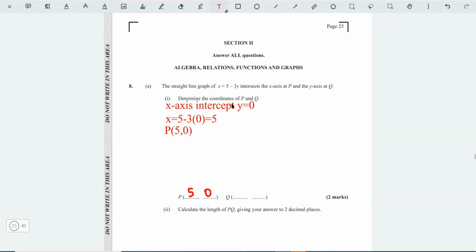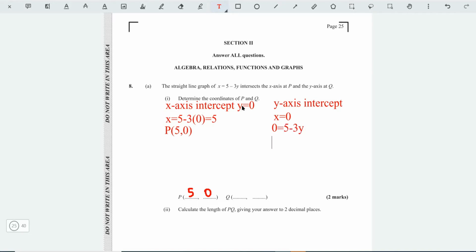To determine the coordinates of Q, we know that on the y-axis, x is 0. So for the y-axis intercept, we say x equals 0. Since x is equal to 0, we get 0 equals 5 minus 3y.